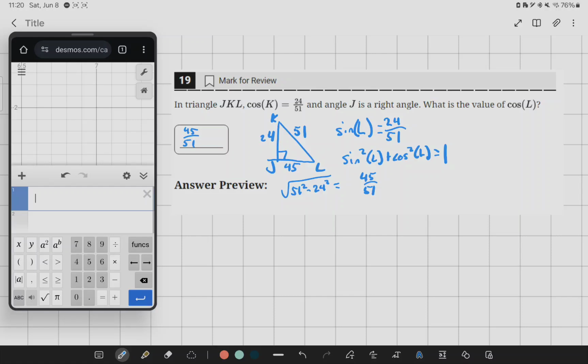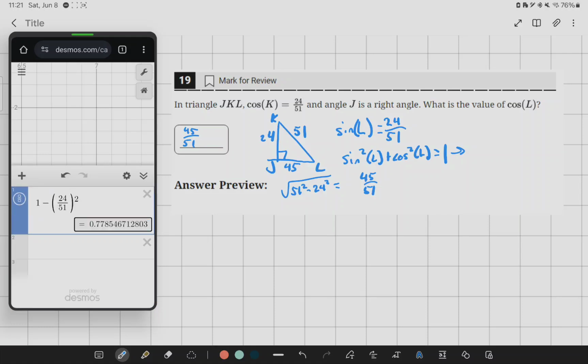Now if we follow through using this method, we know sine L is 24 over 51, so we can do 1 minus 24 over 51 gives us, or I forgot to square that, that is important. So squared gives us this number, so we have 0.7.